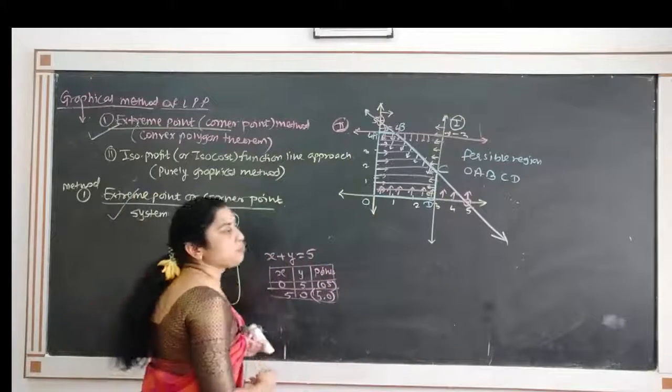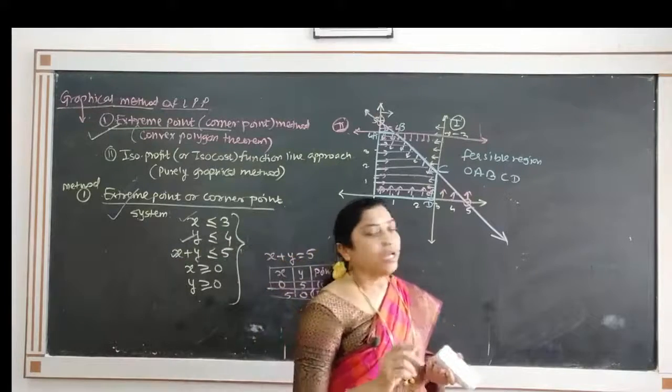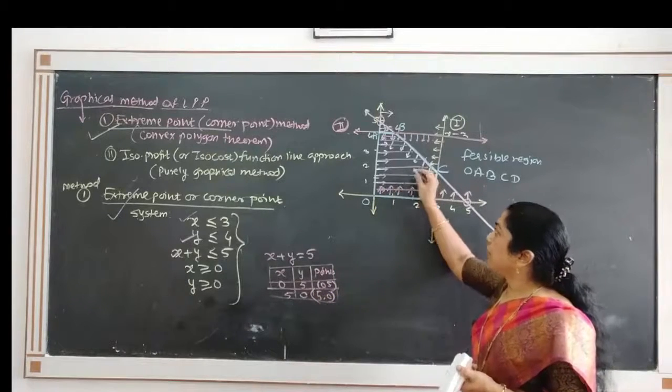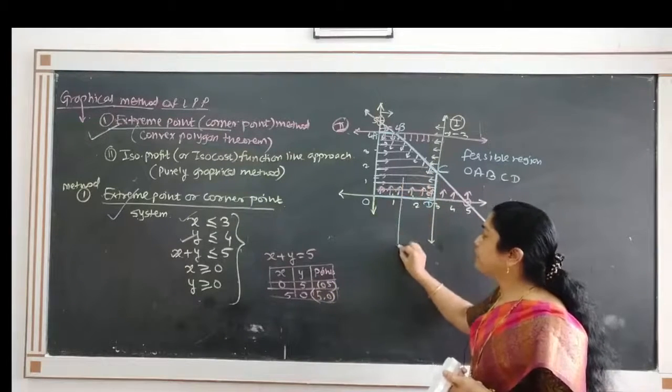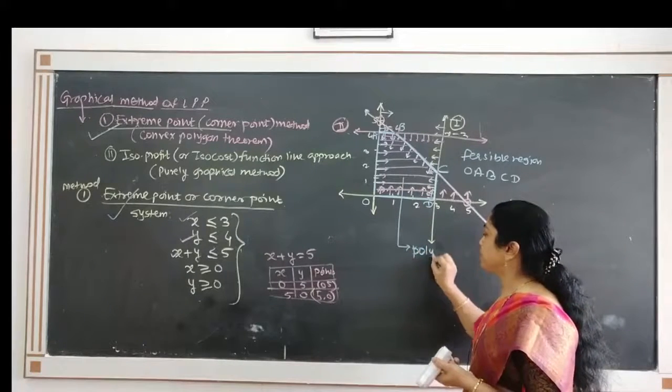What is the extreme point or corner point method to solve LPP? If you see the graph, you get that this region, the feasible region, is a polygonal convex set.